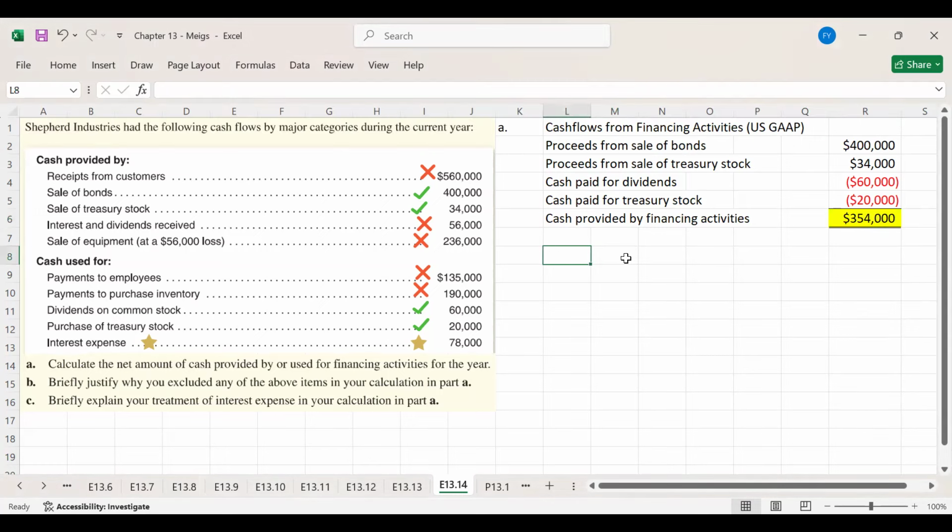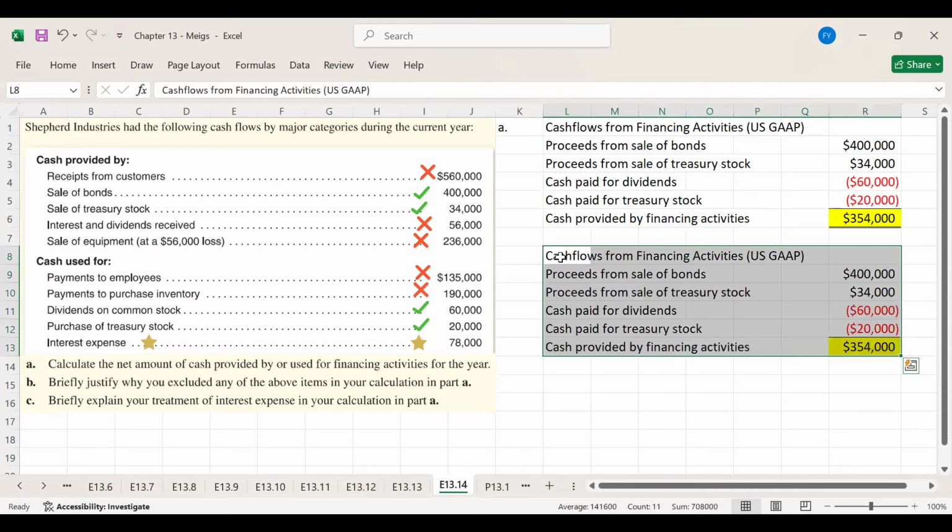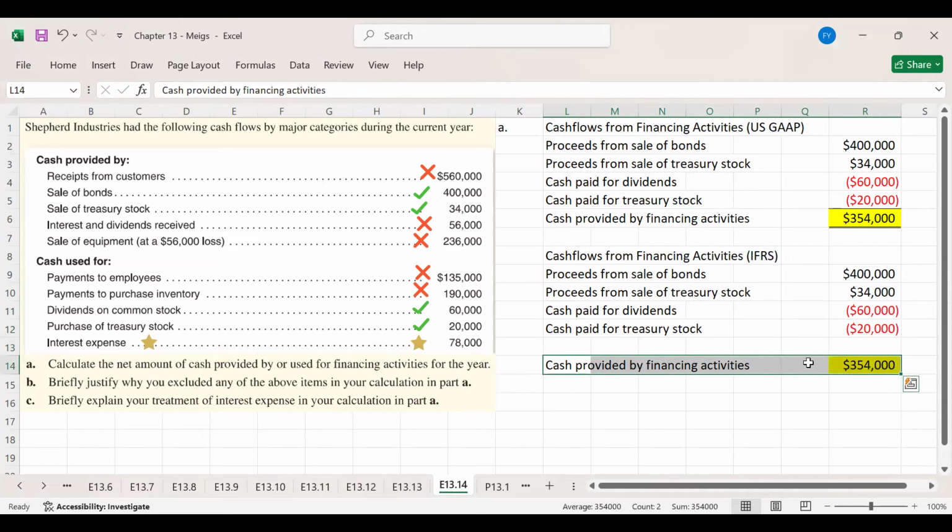And if the company is following IFRS, International Financial Reporting Standards, the treatment of interest expense would be different, because in this case the company is treating interest expense as financing activities.